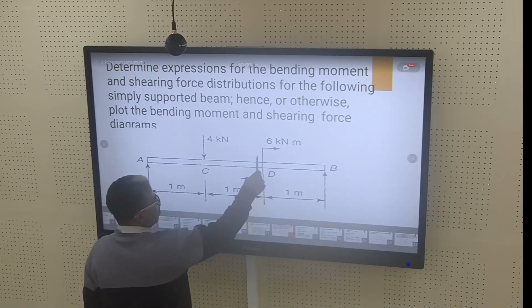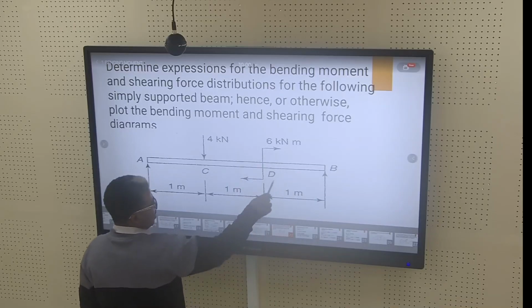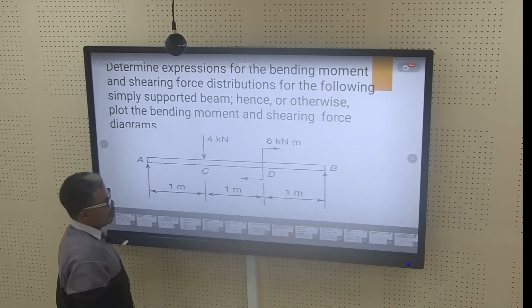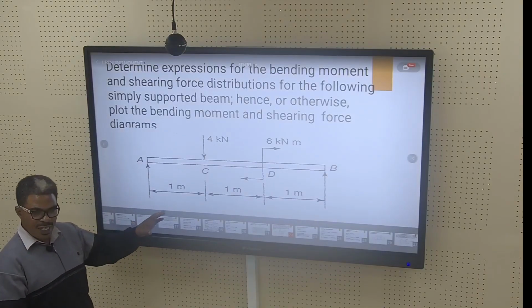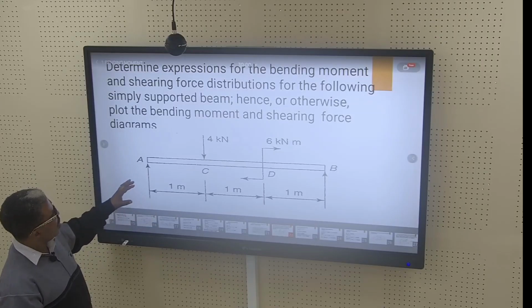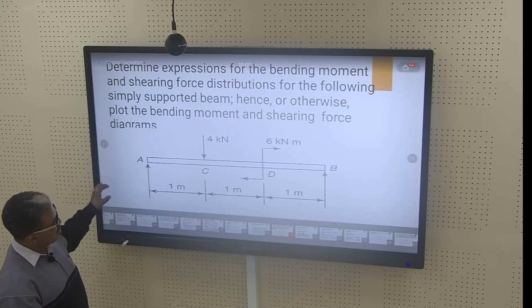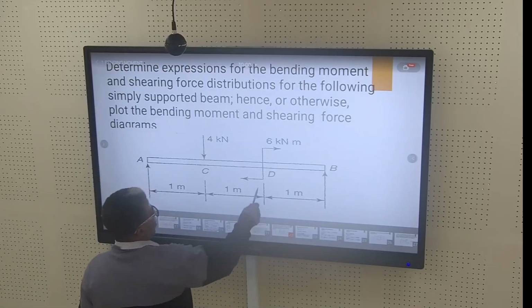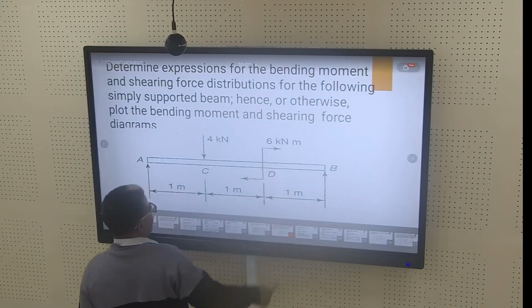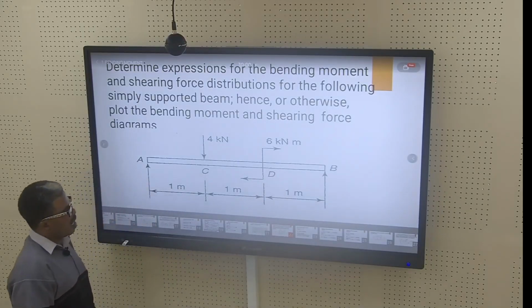It will be clockwise. For both, it is a clockwise moment. It's the only difference here from the previous ones, that we have to work out how this 6 kilonewton meter moment is acting here.